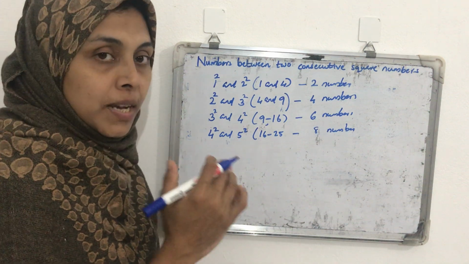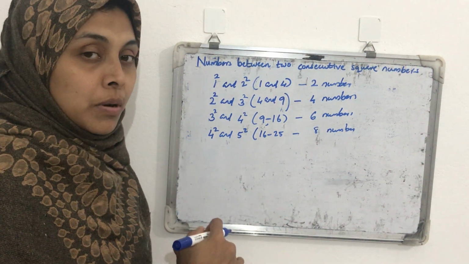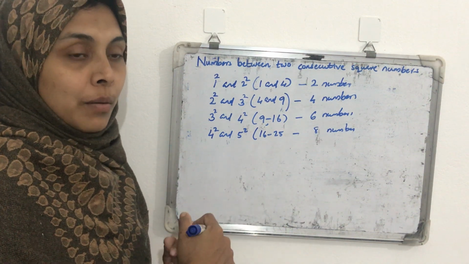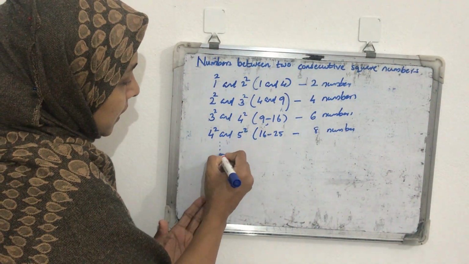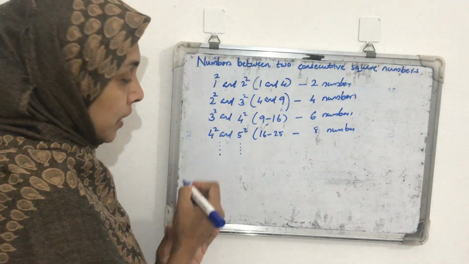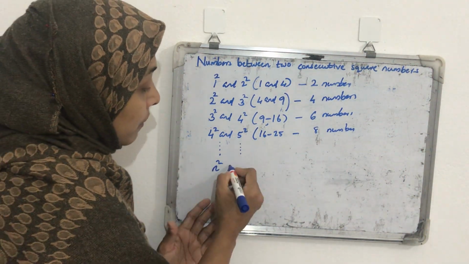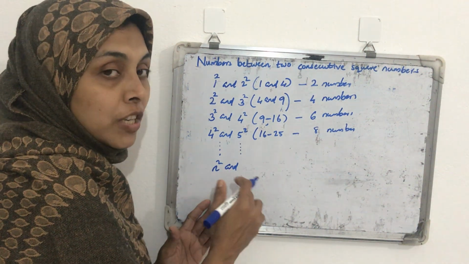We want to form a general formula to find how many numbers will be in between two consecutive square numbers. So if we continue, we can take one positive integer as n square. Then what will be the next consecutive square number?